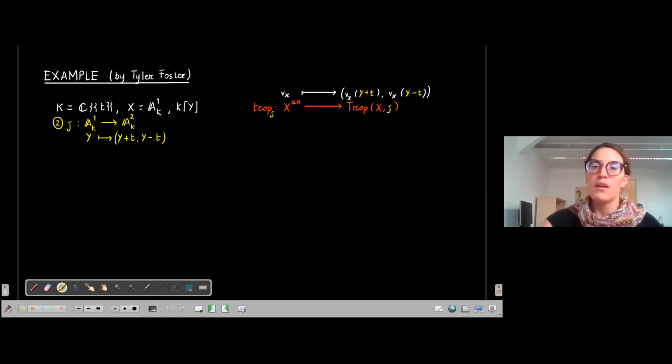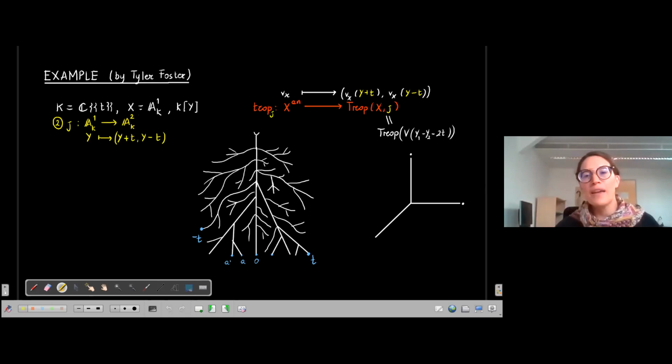Let's start from that. So if you look closely, the embedding that we define here coincides with the subvariety given by Y1 minus Y2 minus 2T. That's the subvariety we started with when I recalled the tropicalization. So we already computed that this will be the picture of the tropicalization.